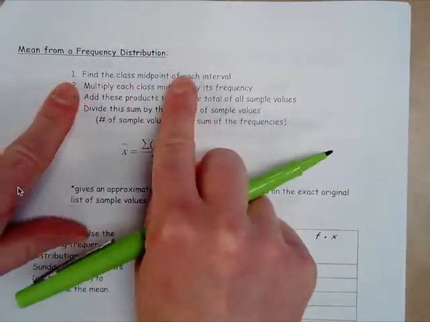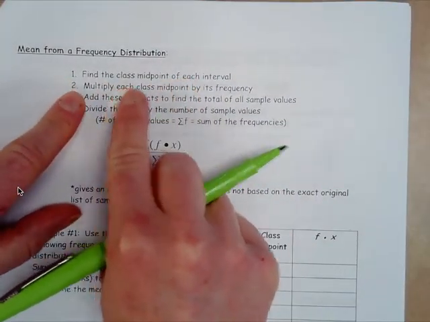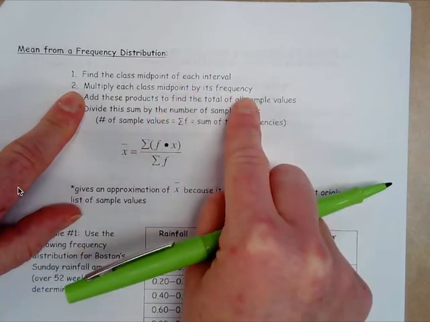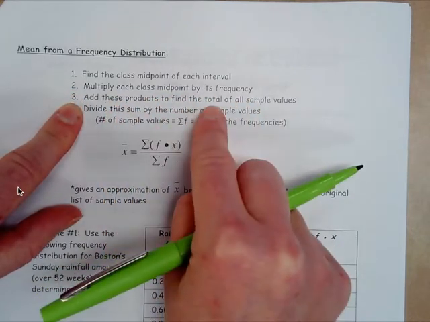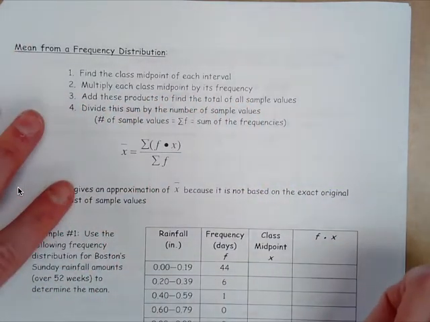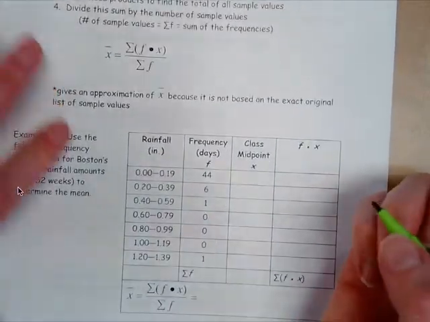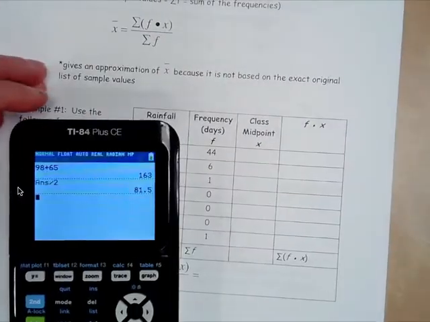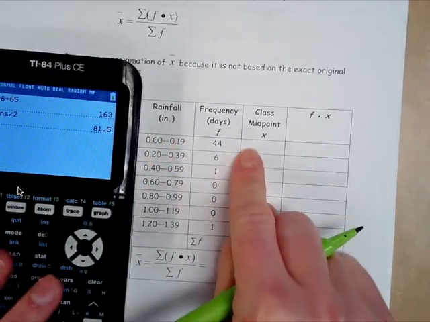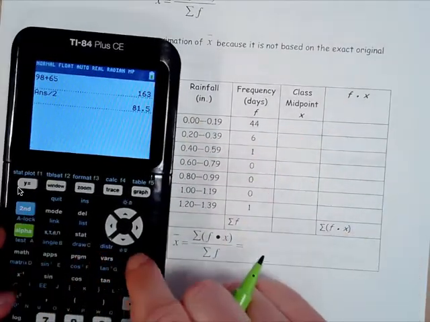So we find the class midpoint, multiply the class midpoint by its frequency, add the products, and then find the mean there. Almost said that word, average. Don't say it.